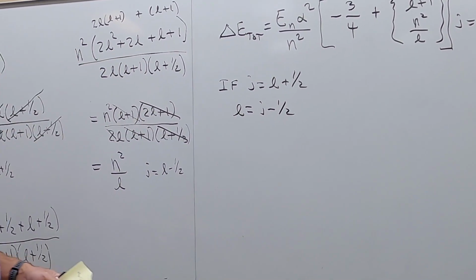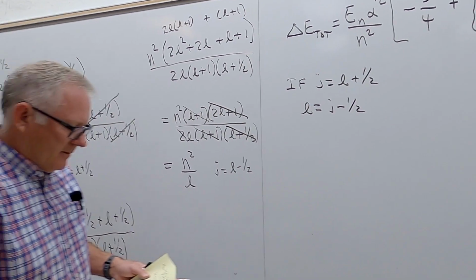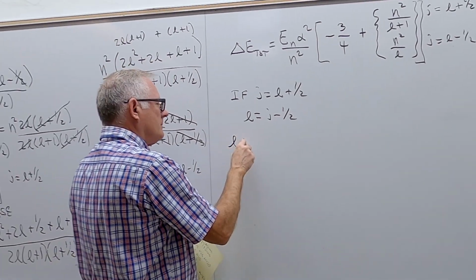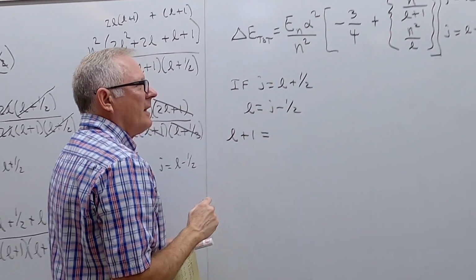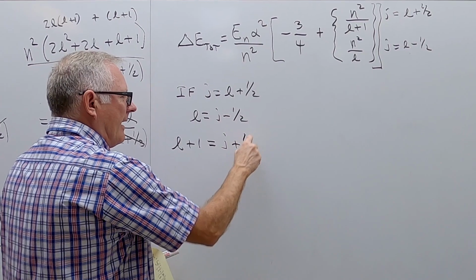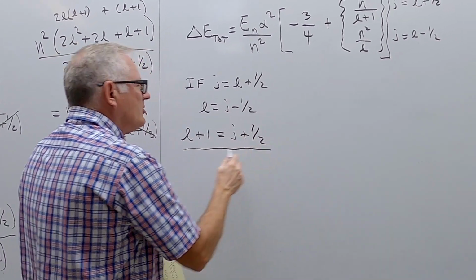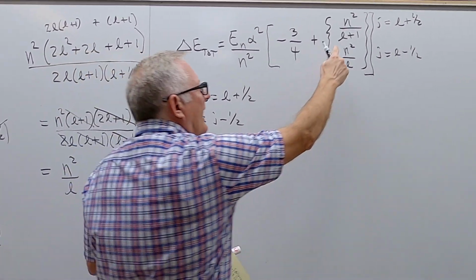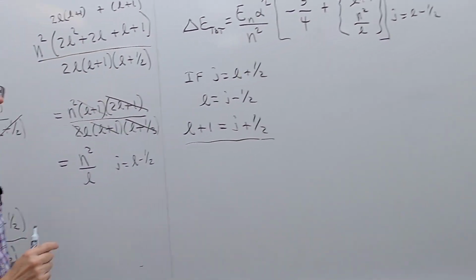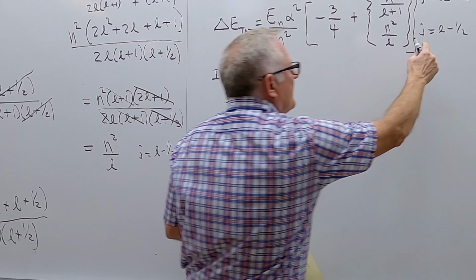And what is L plus 1? Well, L plus 1 is just this plus 1. That's just J plus a half. So I could replace L plus 1 with J plus a half. But before I do that, let me look at the bottom case.